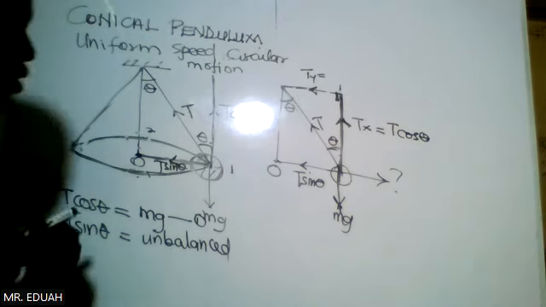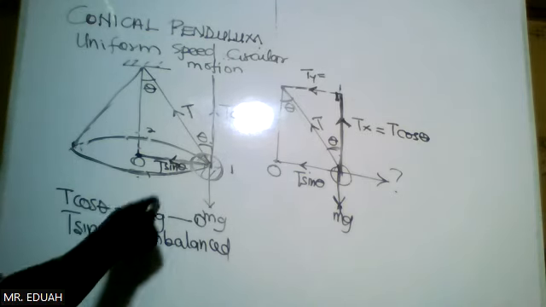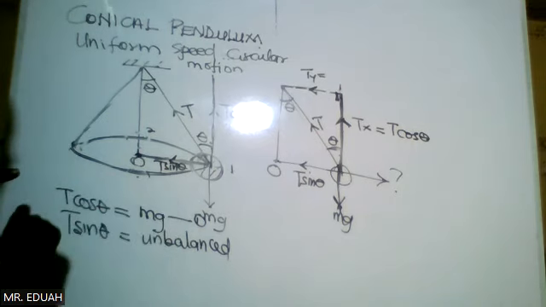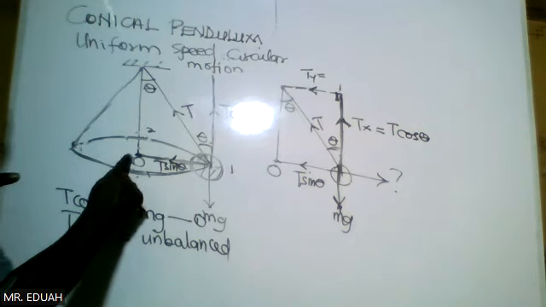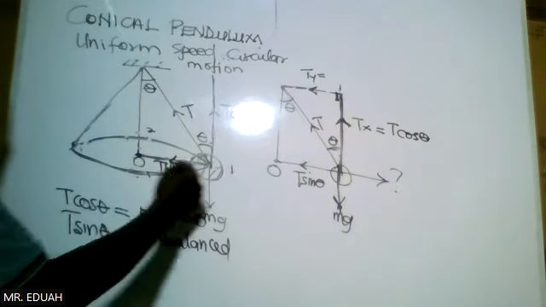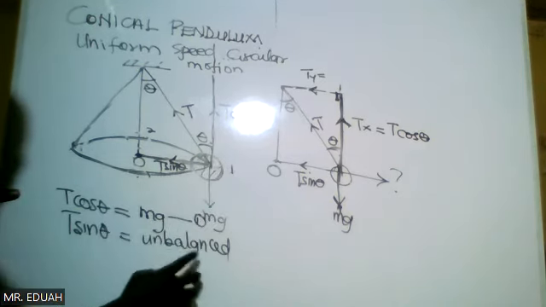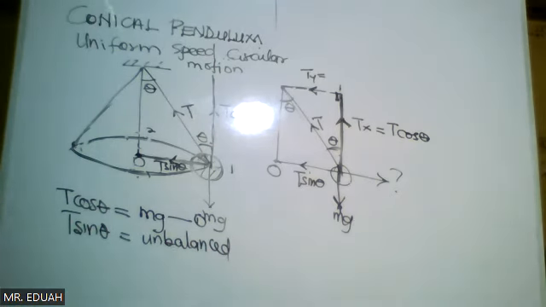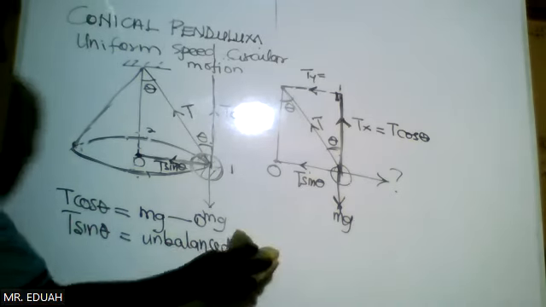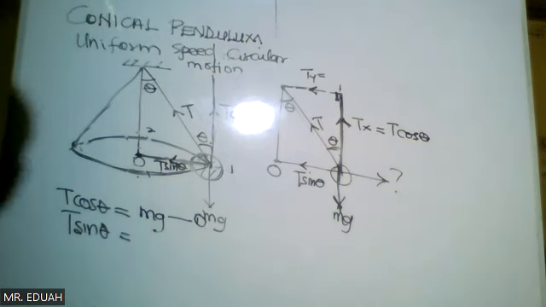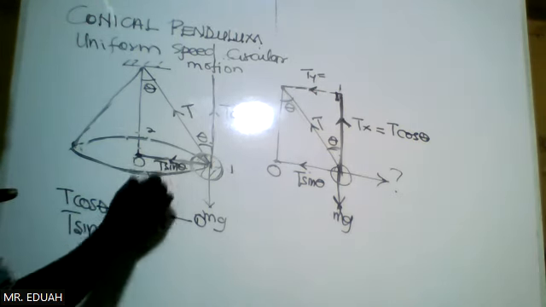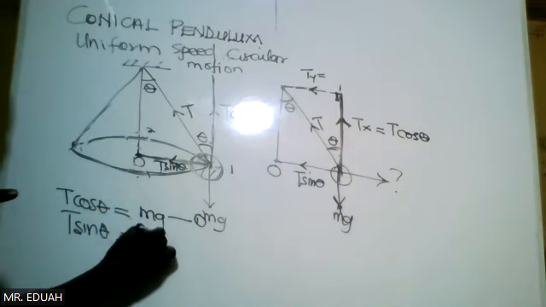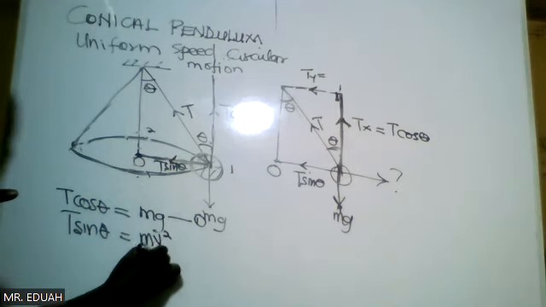Now, because the T sine theta has a direction towards the center of the circle and also along the radius, we equate the T sine theta to the centripetal force, because centripetal force also has the same direction. So we equate T sine theta to mv squared on r.